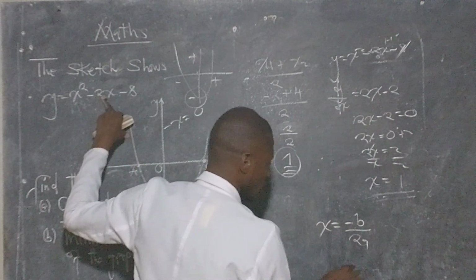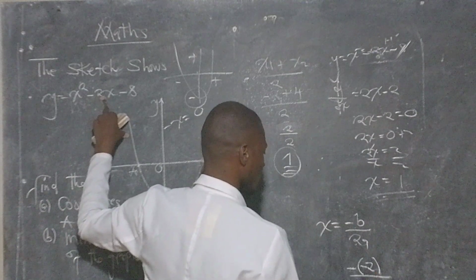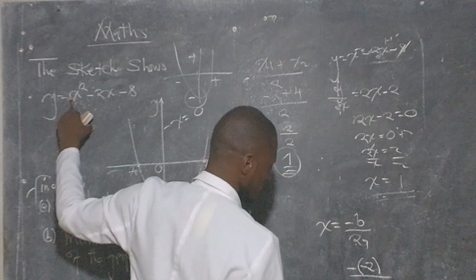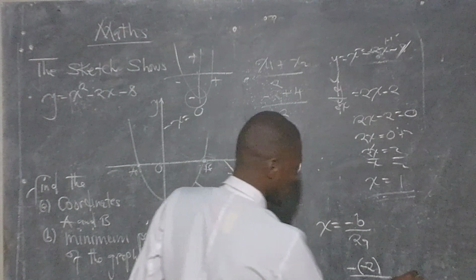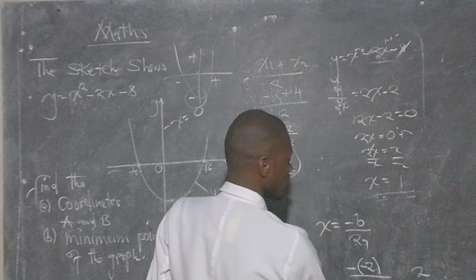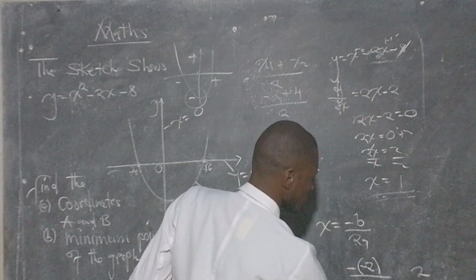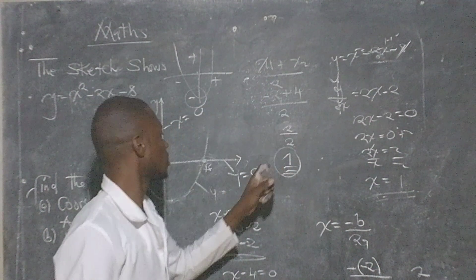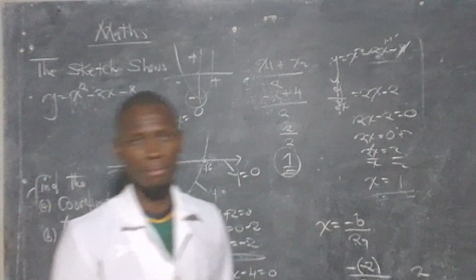So negative, in the same bracket, negative 2, close, then 2 here, and a is 1, so we put 1 here as well. So negative of negative 2 gives positive 2, over 2 times 1 which is 2, then 2 over 2 gives us 1. So these are the 3 ways you can look for this value, which you can plug into the formula to get the maximum or the minimum.